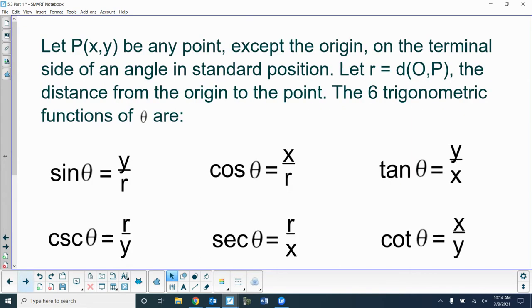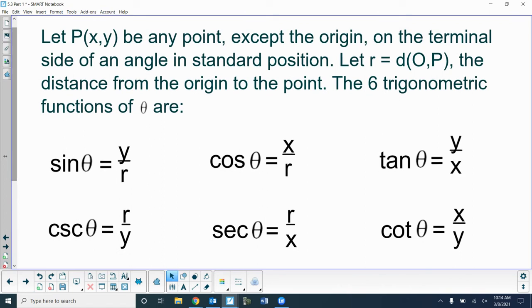It says let P represent the point x, y, except the origin, on the terminal side of an angle in standard position. So last week, when we got into the angles again, we just talked about how to put it in standard position. If my head is the origin, this is the positive x-axis, right?